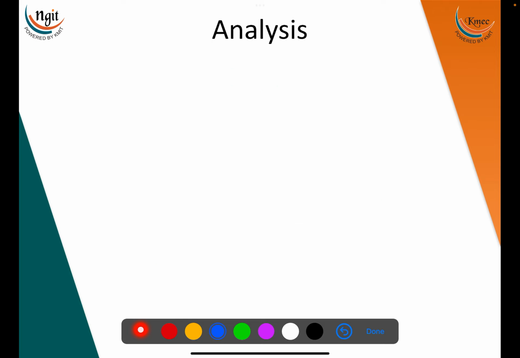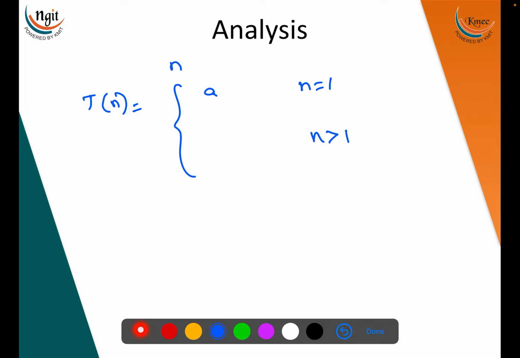Now we'll see the analysis part. If the time for merging operation is proportional to n, then the computing time for merge sort is described by the recurrence relation. T of n is equal to a when n equals 1, and a is a constant. When n is greater than 1, it is 2T of n by 2 plus Cn, where C is a constant.